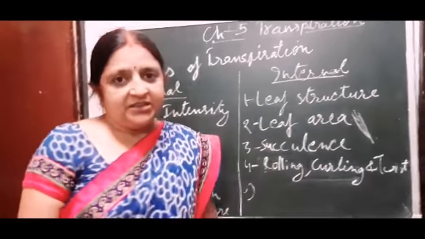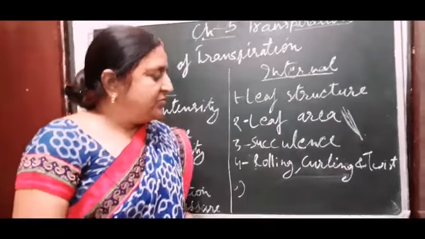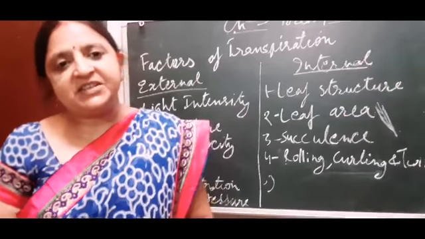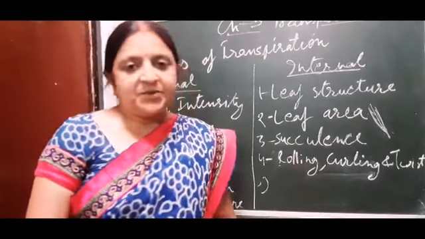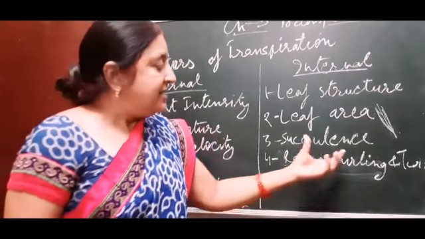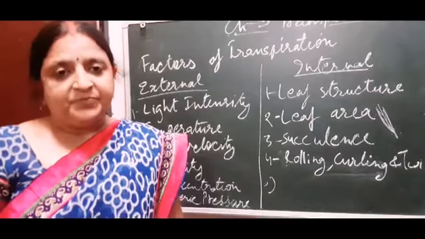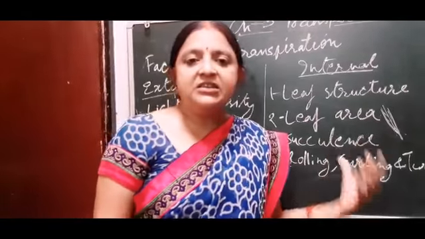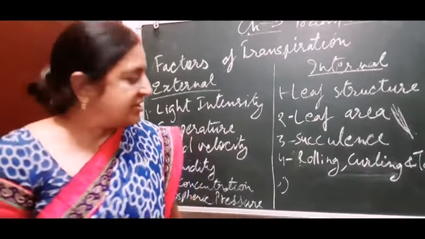Now succulence. Succulence is also related to the structure of the leaf. How much waxy layer is present on the leaf? If the waxy layer is present on the leaf, it decreases the rate of transpiration, and if it is not, and the leaf is thin in structure, it increases the rate of transpiration.